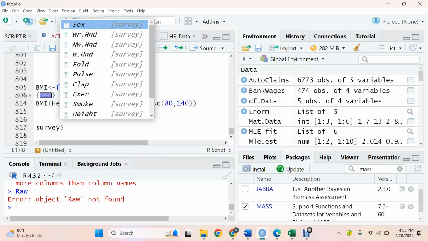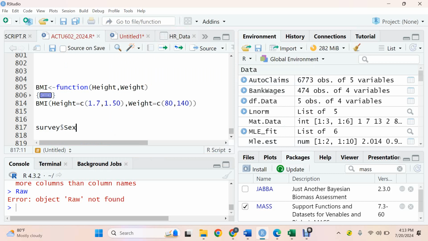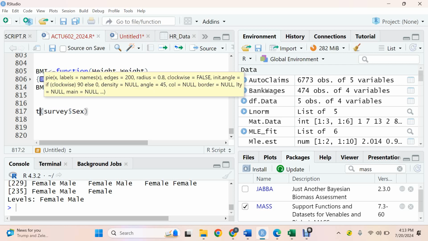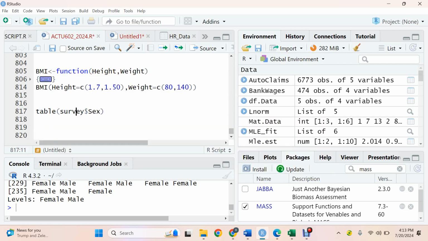Okay, so sex. If I display sex like this, it's so many. I can't put this in a pie chart. Because when you get that, you have male, female, you have to get the frequencies. So you get the frequencies and then you can convert it to degrees. It's the same principle. So what I need to do now is just table this.